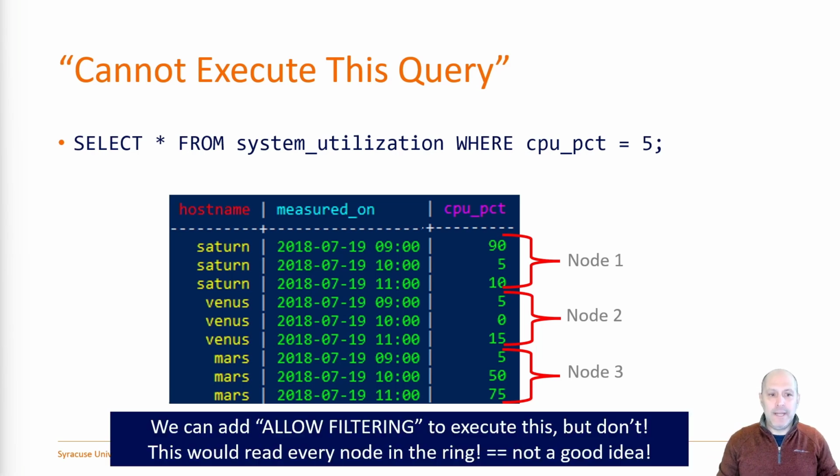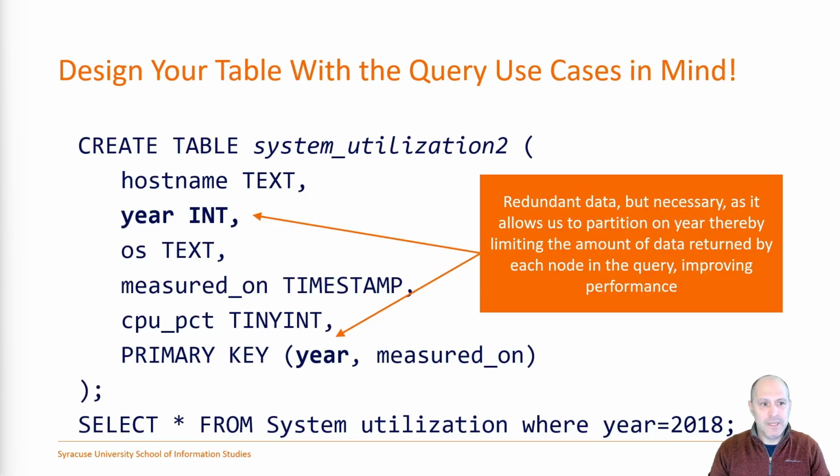So we want to avoid allow filtering at all costs. There are a couple of ways to do this, but the most important way to avoid allow filtering is to make sure that you include what you're filtering for in the key. So if I'm going to search system utilization by year, for example, I need to put in the year.